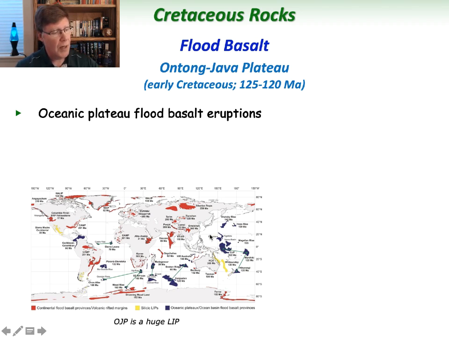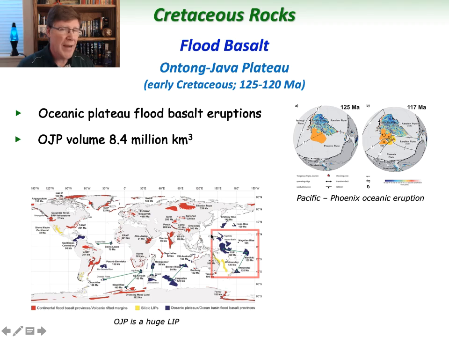A massive eruption of, we think, over 8 million cubic kilometers of mafic material erupted over the span of a few million years in the Western Pacific. This is like twice the volume of the Siberian Traps, which gave us the biggest mass extinction of all time. There's no mass extinction related to this eruption though.